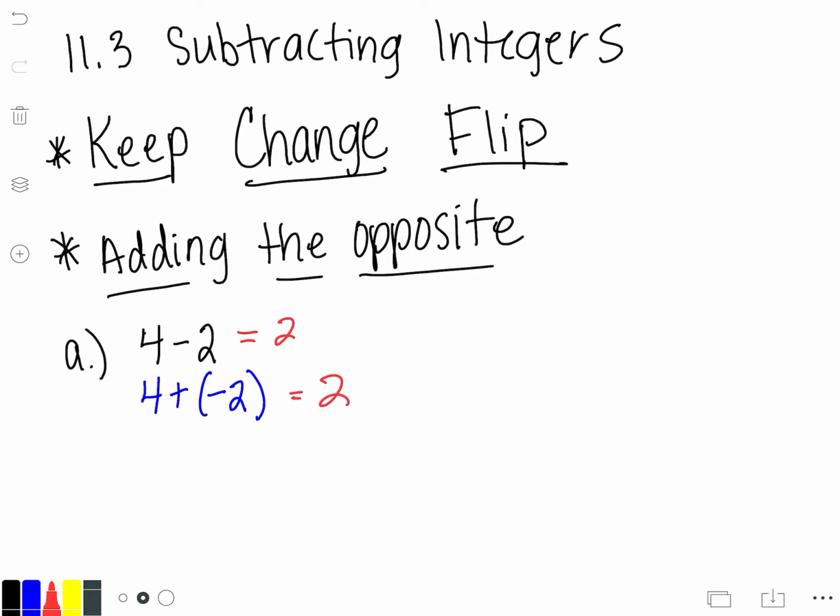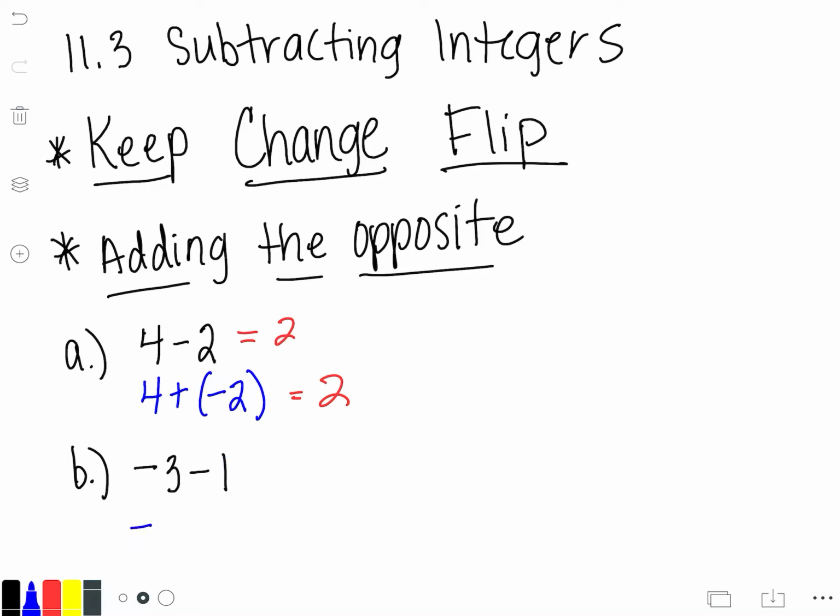Now, when you have just a regular expression with positive numbers like this one for A, you wouldn't have to keep, change, flip. You can just write the answer 2. That's fine. But it starts to get a little more confusing when you have negative numbers involved. So here's an example of when that might happen. Let's say you have negative 3 minus 1. And so here's where the keep, change, flip really comes in handy.